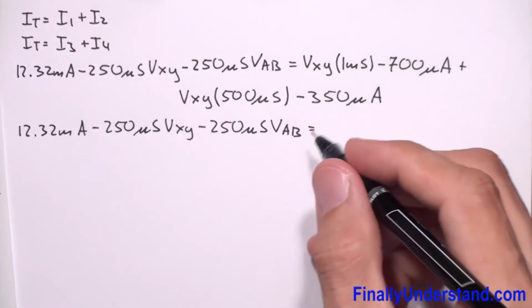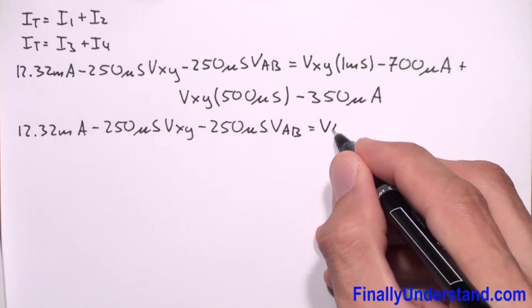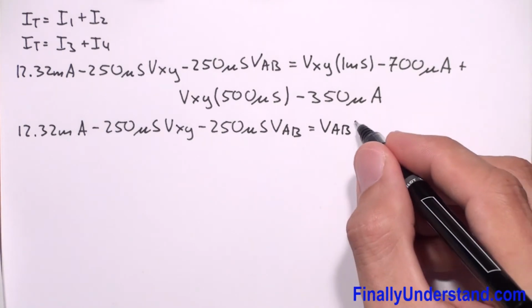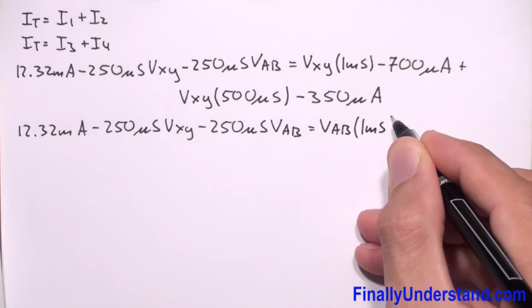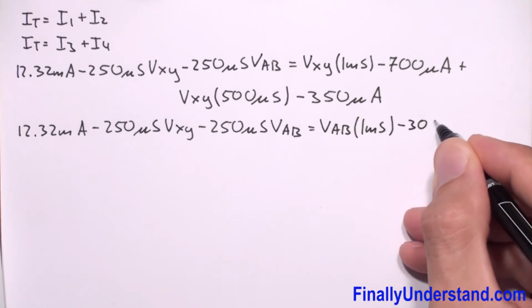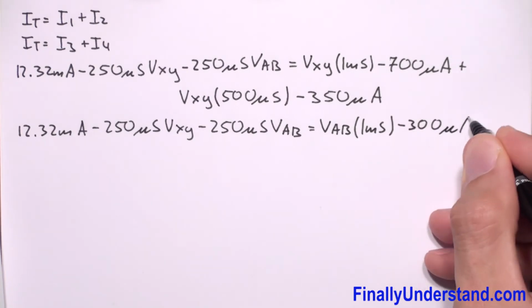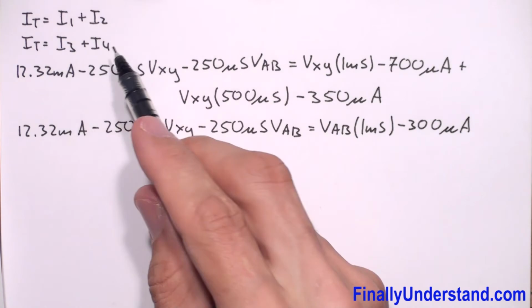So I have VAB times 1 millisiemens minus 300 microamps plus I4.